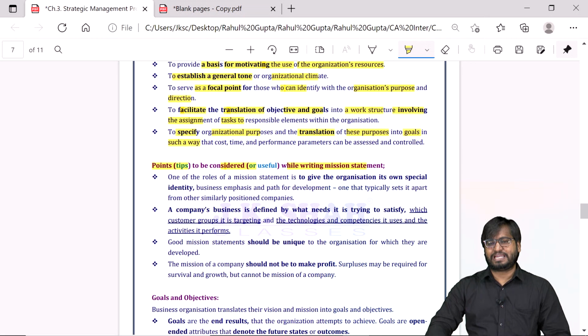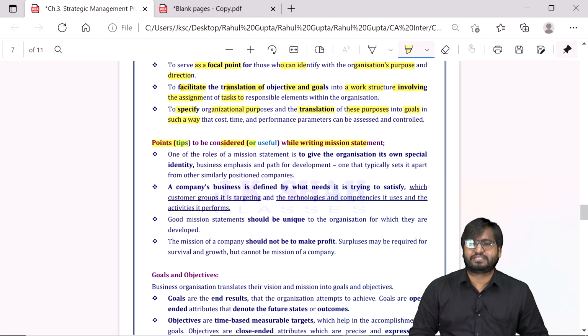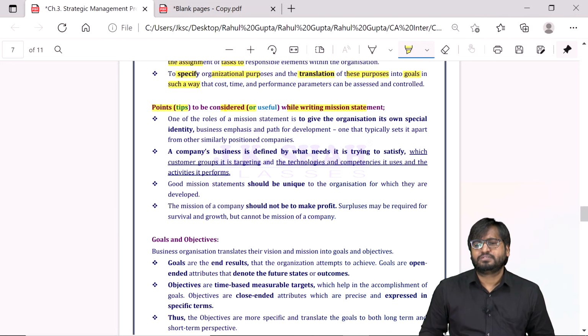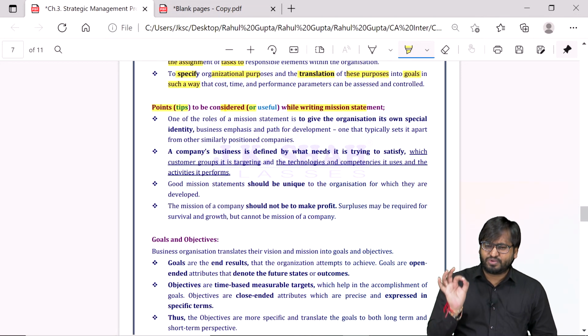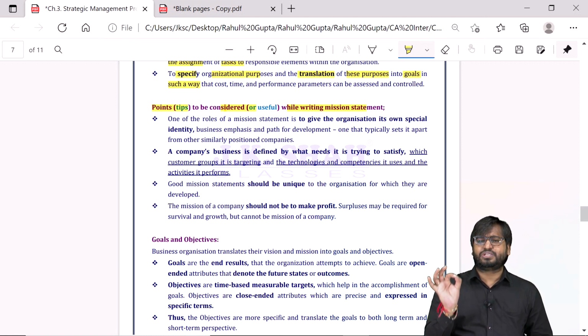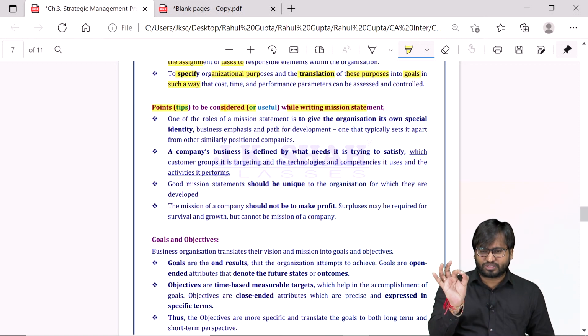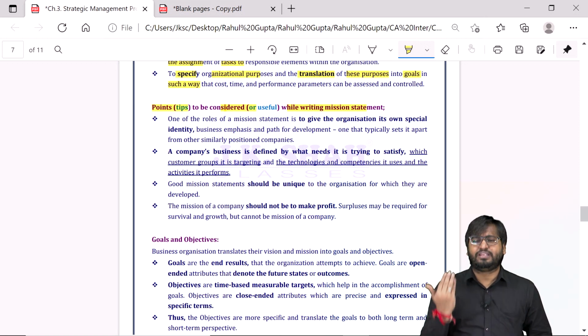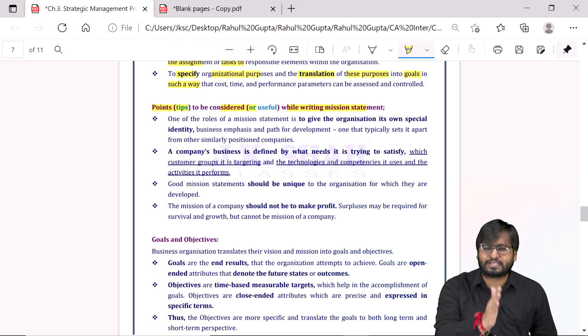Let's try to understand the points or tips to be considered while writing the mission statement. Number one, whenever you are framing the mission statement, focus on what we are doing differently from our competitors.